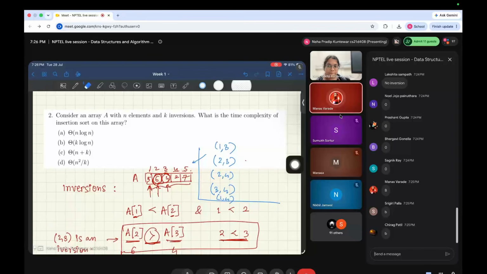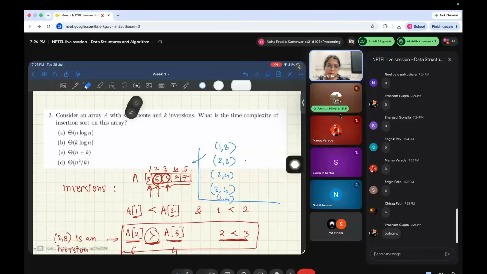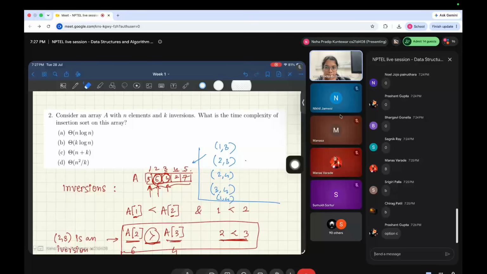So that's how I thought of it. And if we are using k inversions, then it is supposed to be better than n log n. So why can't it be, let's say, k square log n or something? Even if it's better than n log n, it could still be worse than k log n.